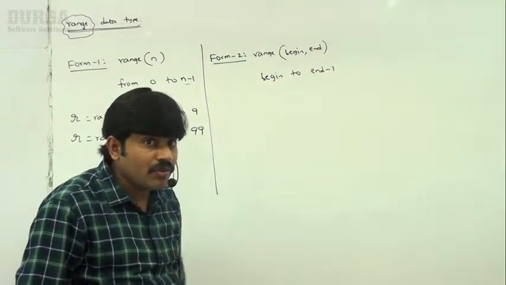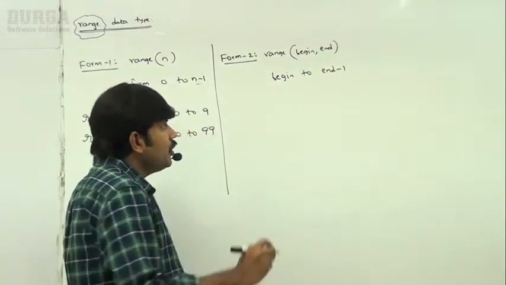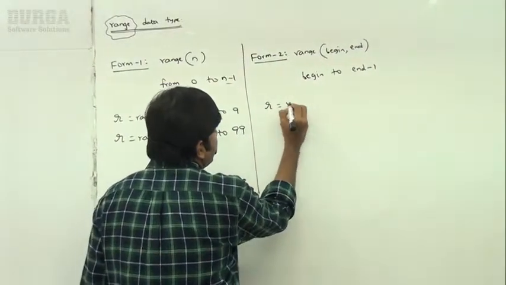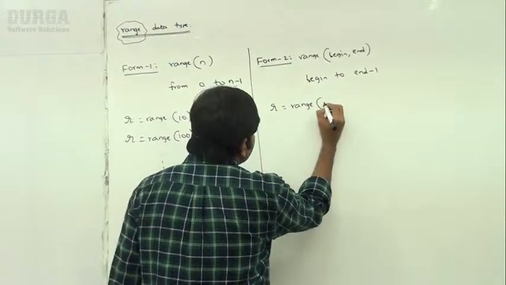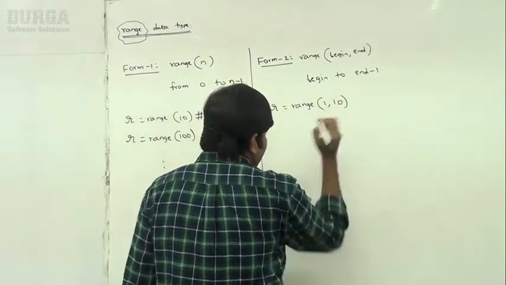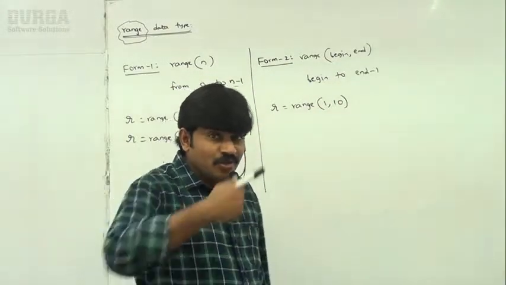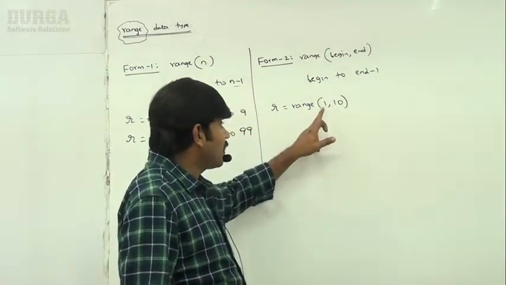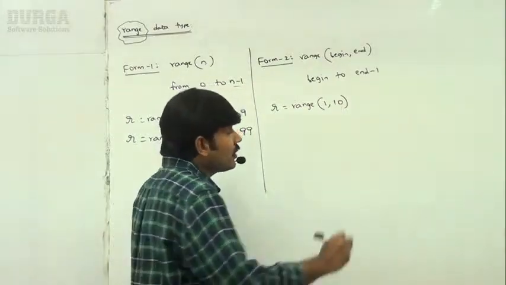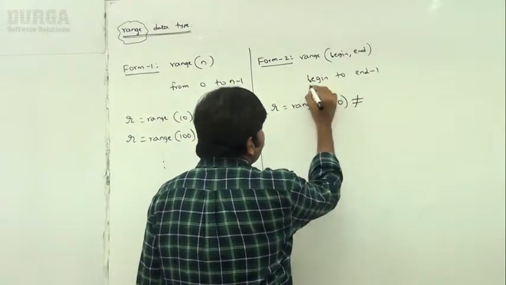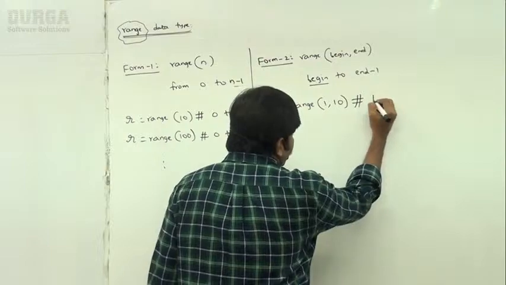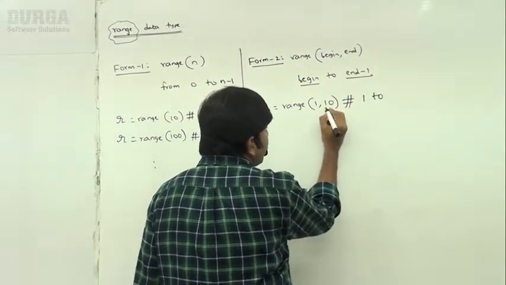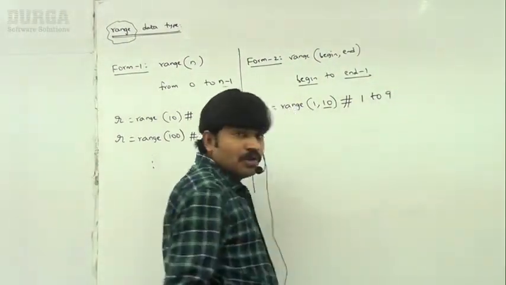Remember this one. If I take r is equal to range of 1 to 10, which values are going to be represented? Begin 1 to end minus 1, 10 minus 1 means 9 only. So 1 to 9.